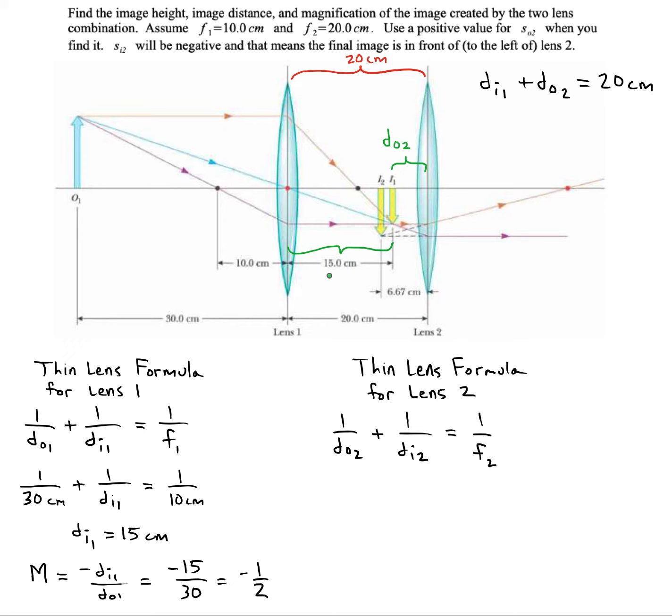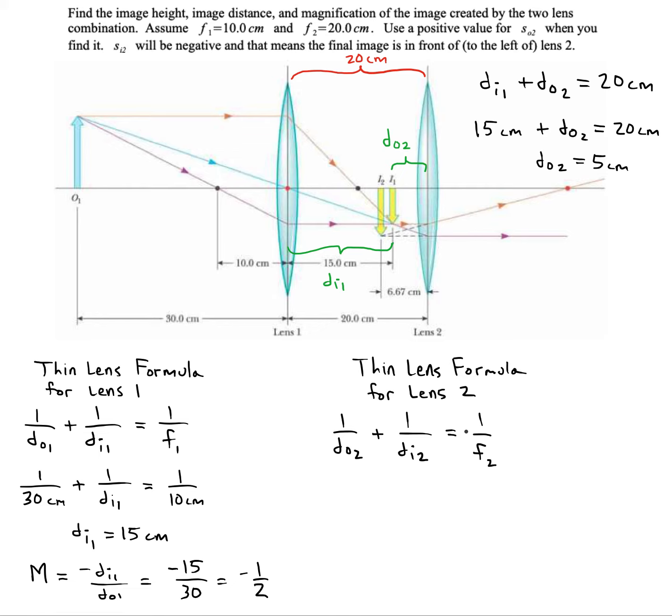Remember, this here is di1. We plug in the image distance that we found and solve for the distance of object 2. It looks like it's going to be 5 centimeters. That's a critical extra step that we didn't have to do in the previous problems.